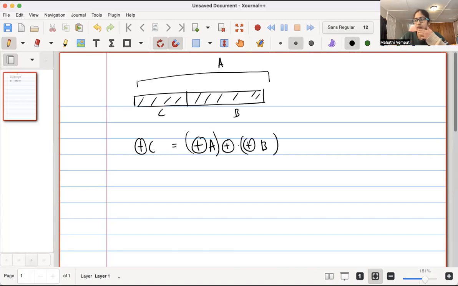Because XOR is its own inverse. So if you do cumulative XOR, you can find the XOR of any subarray. So you have that.